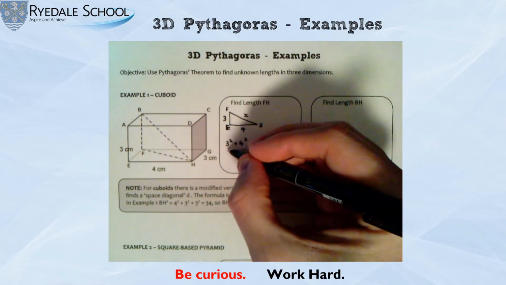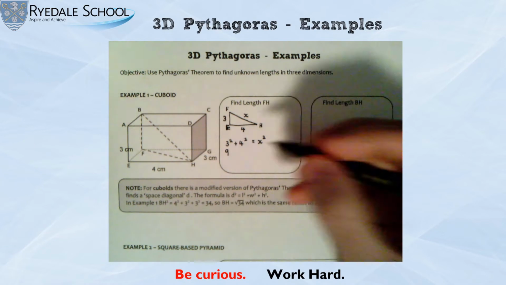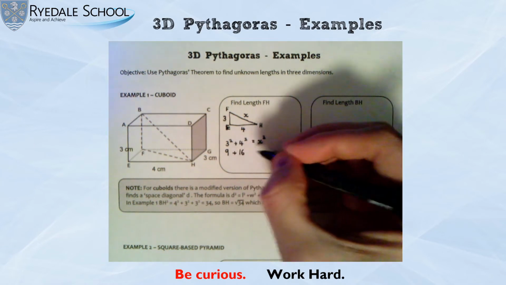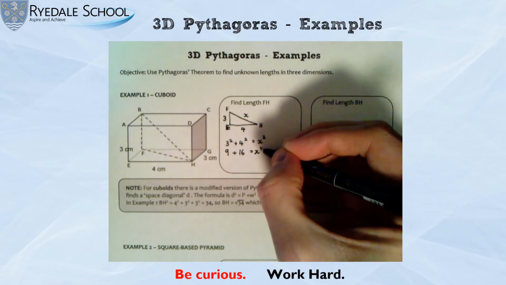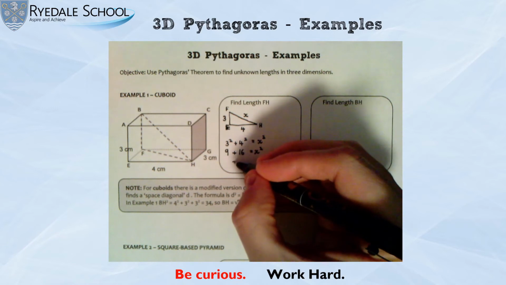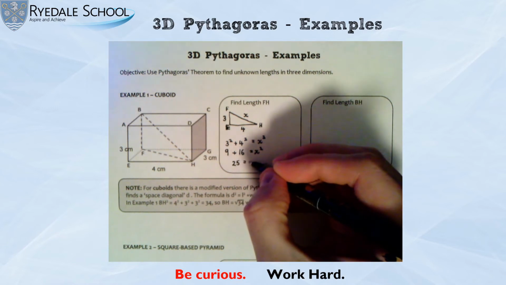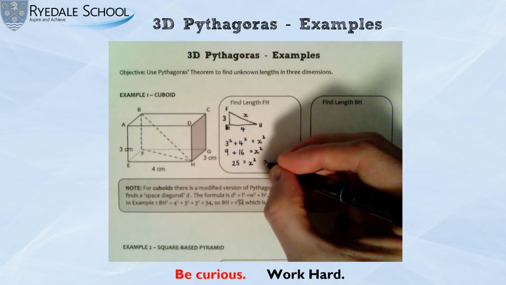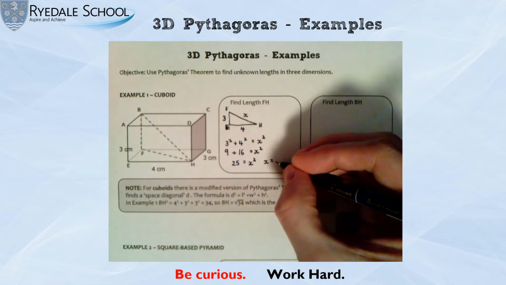3 squared is 9. 4 squared is 16. And that equals x squared. 9 add 16 equals 25. So x squared is 25. To work out x, I have to do the square root of 25.